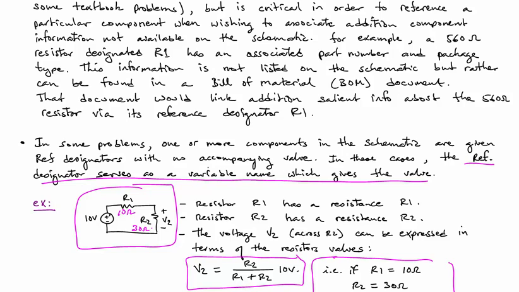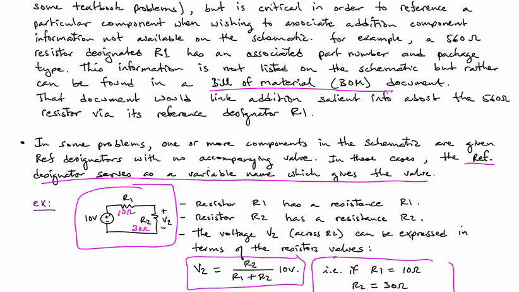So instead, we have what's called a bill of material, a BOM, B-O-M, and usually that's a table, something like a spreadsheet. And in that table, there will be a line for each component in the circuit, or at least each unique component. And that component will be identified by its reference designator.